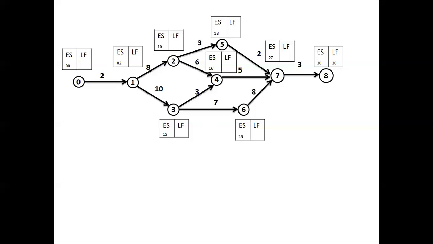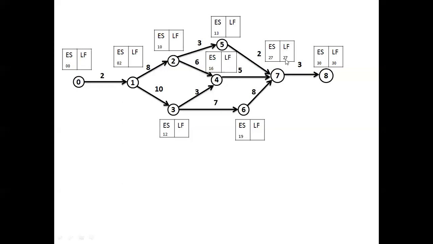Now, in order to calculate the latest finish time, we need to propagate in the backward direction, that is from the end event towards the start event of the project. Now what we do is calculate the latest finish time for activities 5 to 7, 4 to 7 and 6 to 7 by subtracting the 7 to 8 duration from the latest finish time, that is 30 minus 3. 30 minus 3 is 27.